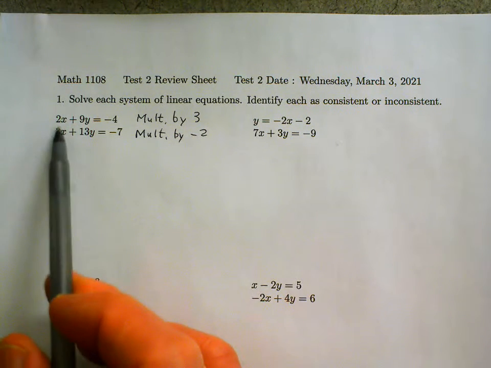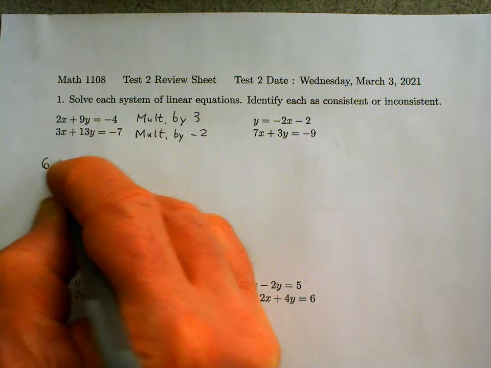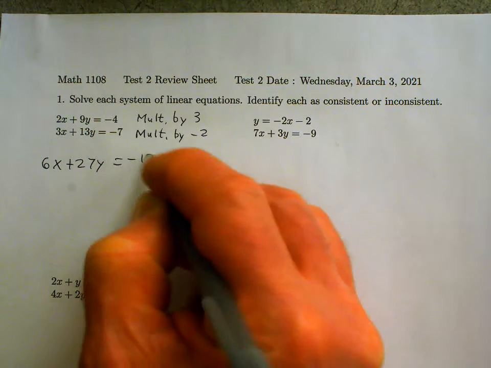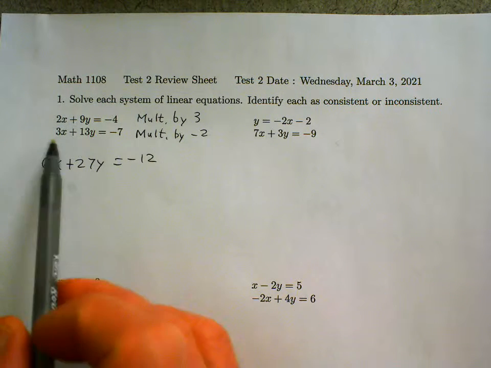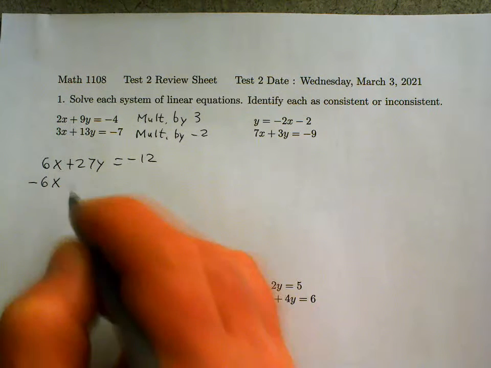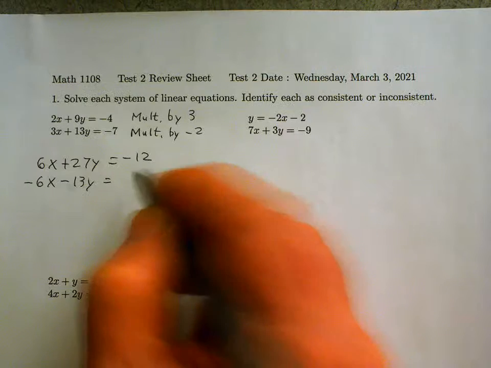So multiplying every term on both sides of the top equation by 3, I get 6x plus 27y equals -12. Then multiply every term on both sides of the bottom equation by -2, I get -6x minus 13y equals +14.